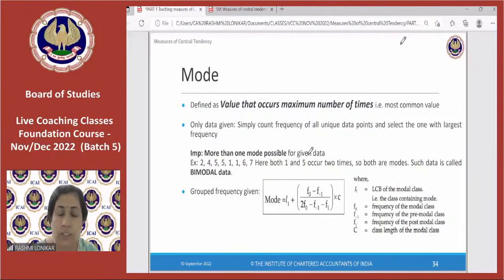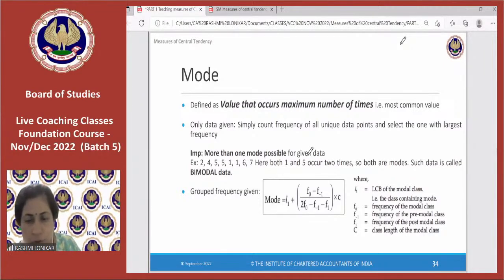We see that 60 is the most common mark. Out of 100 students, 65 students have got 60 marks. So the mode, in terms of value, is the one occurring the maximum number of times. The 60 marks is appearing the maximum number of times, so we say that it is the mode. I mean, the value that is occurring most.